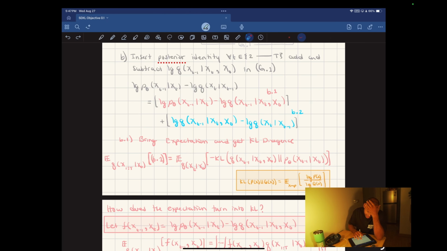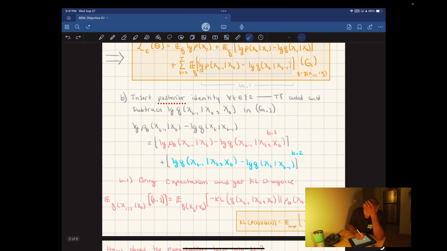So remember Q is this, the expectation of Q of B.1 is going to be equal to the expectation of this, right? Which we know, we've defined this distribution, of this negative KL divergence. So how do we do that?